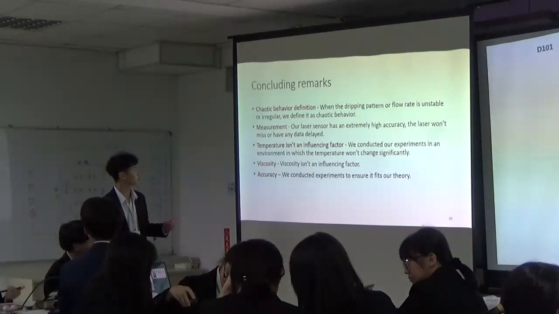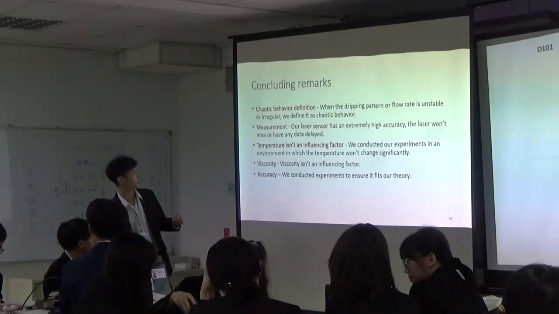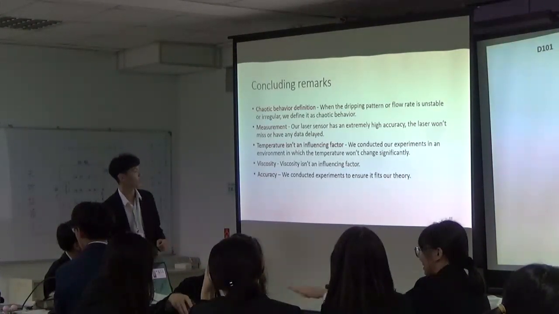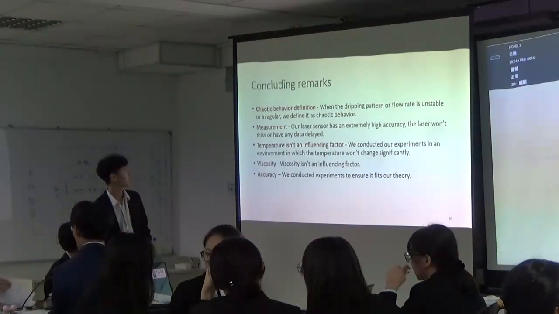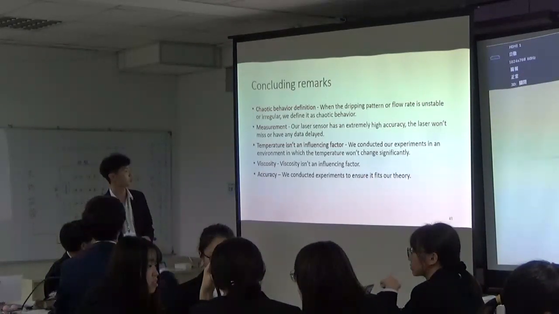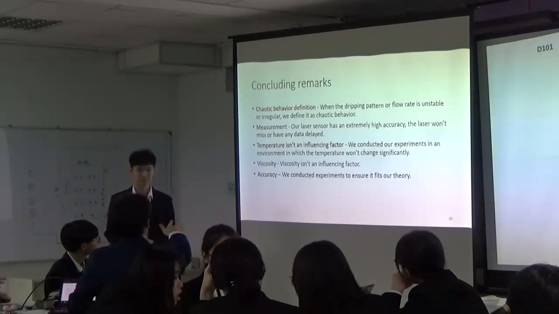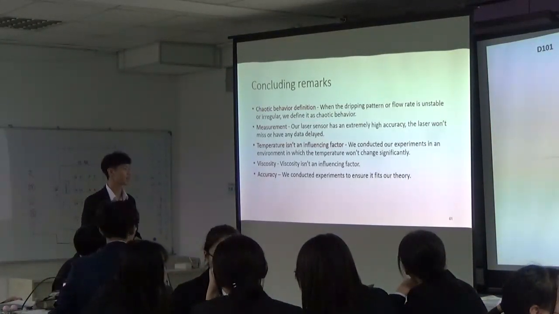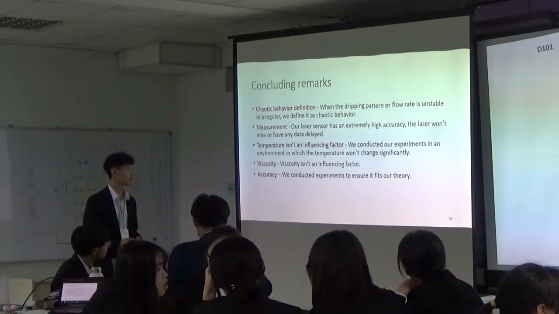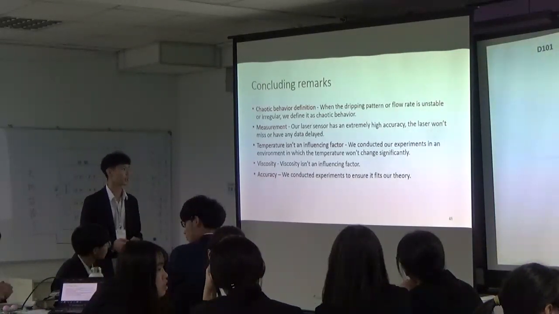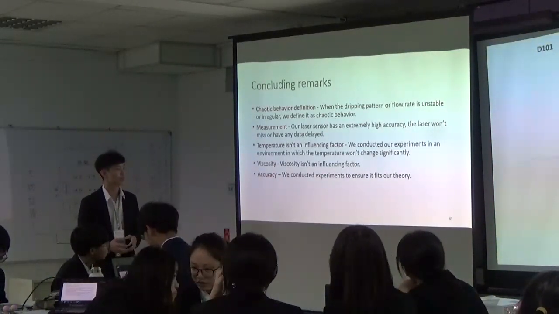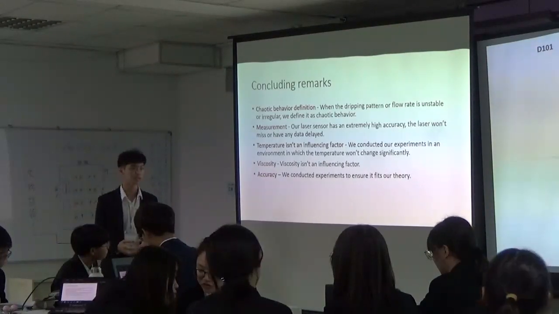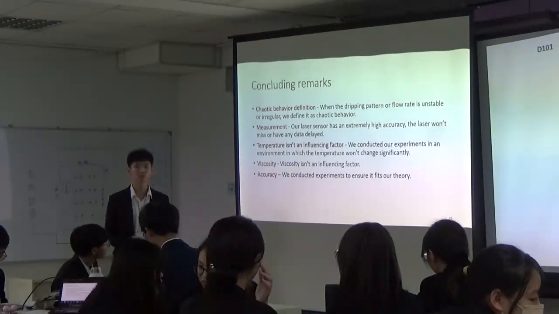About the influencing factor, we conduct our experiments in an environment in which the temperature won't change significantly. And the viscosity is not an influencing factor. And about the accuracy, we conducted experiments to ensure it fits our theory. That's our concluding remark.